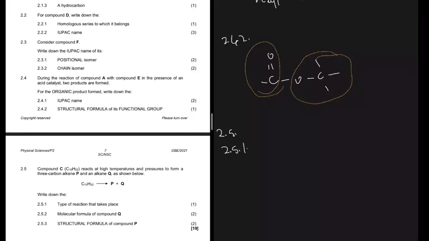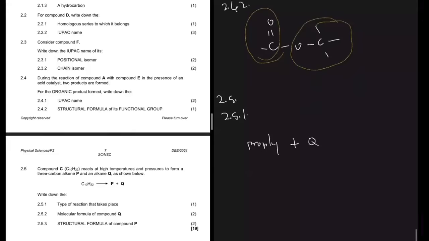2.5.1 compound C, 10 carbons, 22 hydrogens, reacts at high temperatures and pressure to form a 3-carbon alkene. 3-carbon alkene, so that's propene. It has formed propene, and then some alkane Q. And then the first question is write down the type of reaction that takes place.